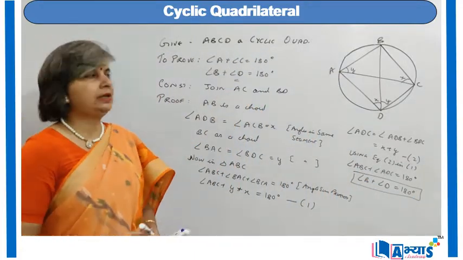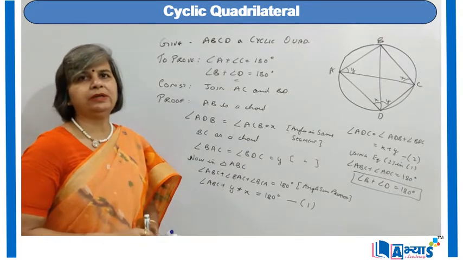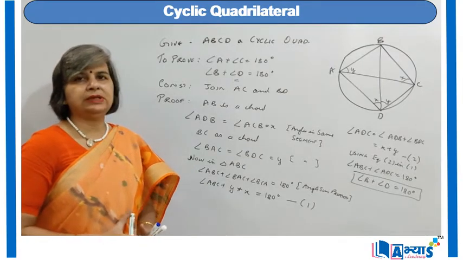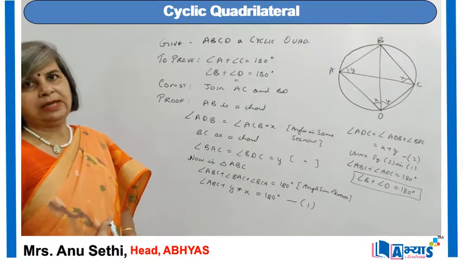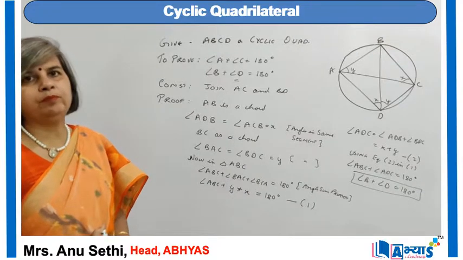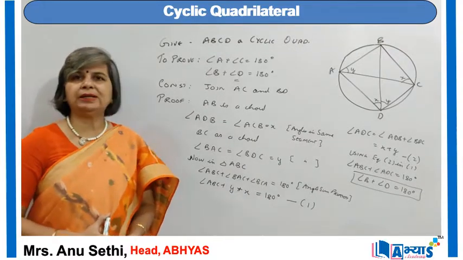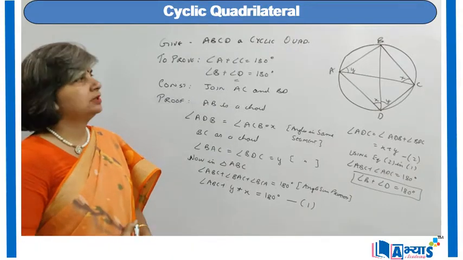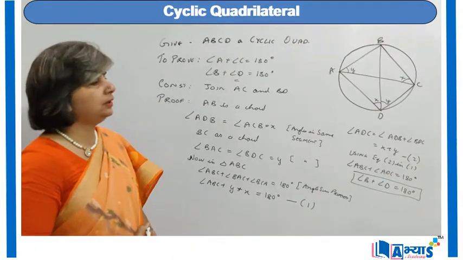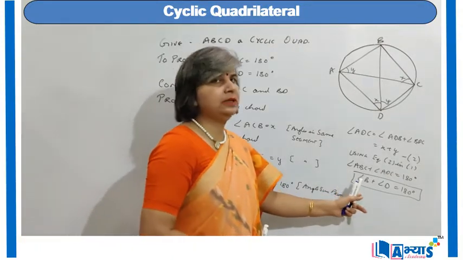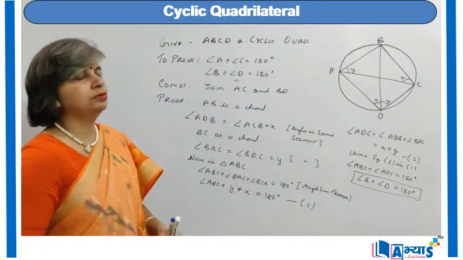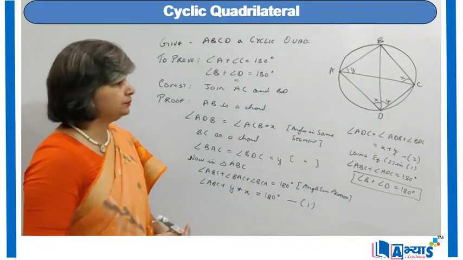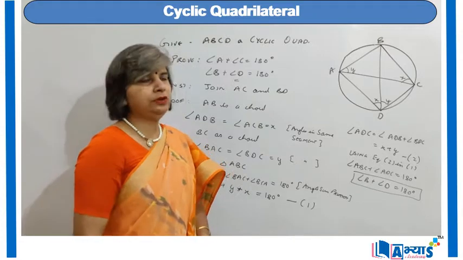Similarly we can prove that angle A plus angle C is equal to 180 degree, or we can say that the angle sum property of a quadrilateral states that the sum of all the angles is equal to 360 degree. Now B plus D is 180 degree, so angle A plus C will also be equal to 180 degree. So we can use either of the two concepts.